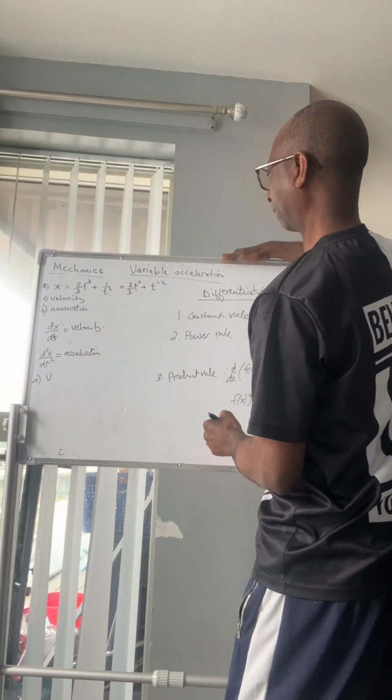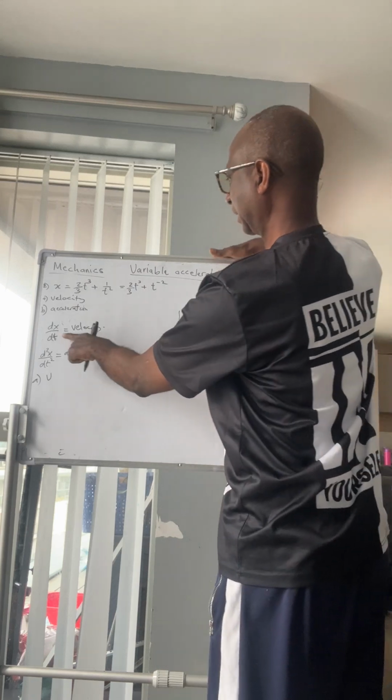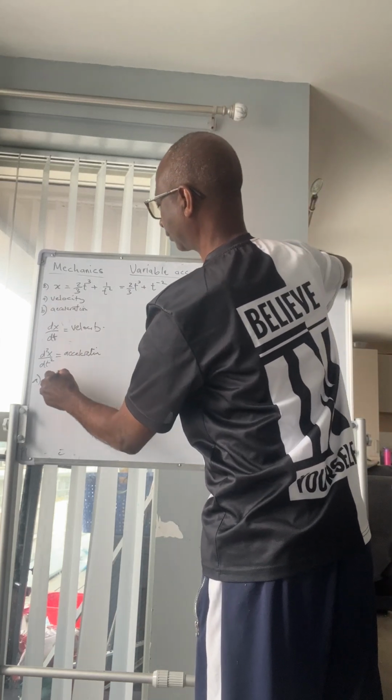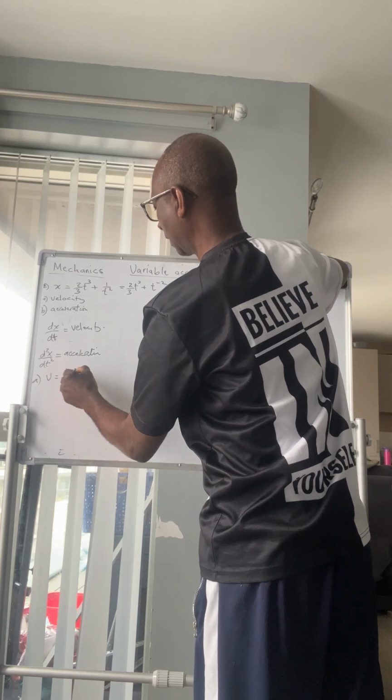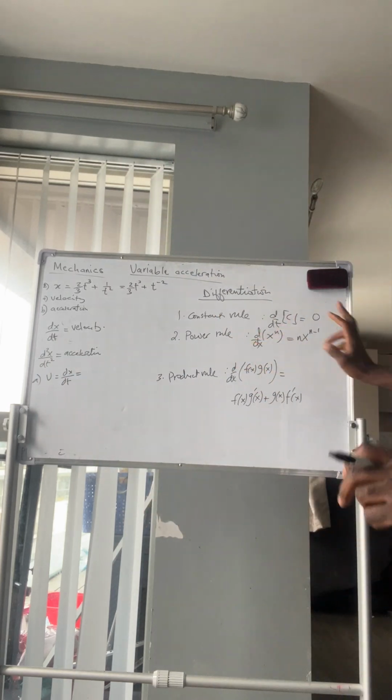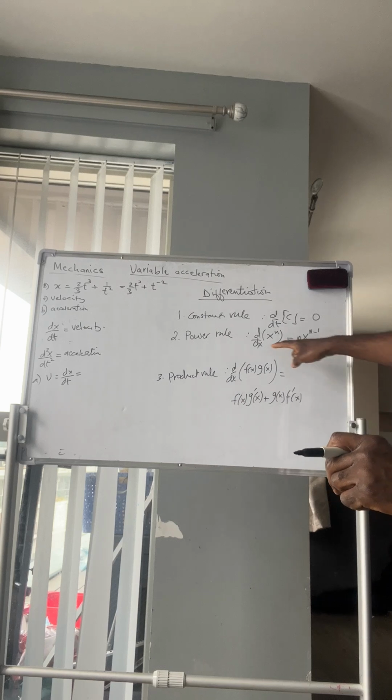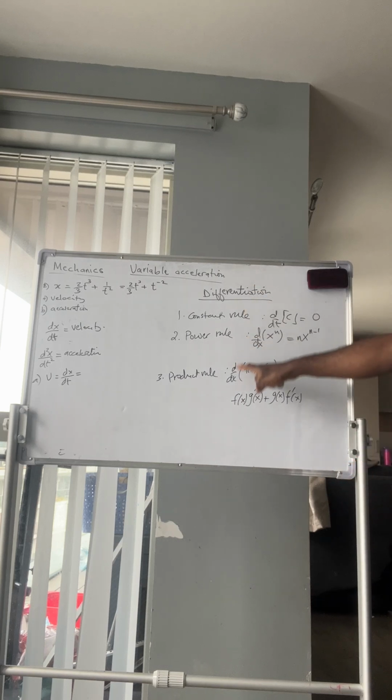So now, velocity, let's start with our A. Velocity, which is dx by dt, is equal to, what formula are we going to use here? We're going to use the power rule, rules of differentiation.